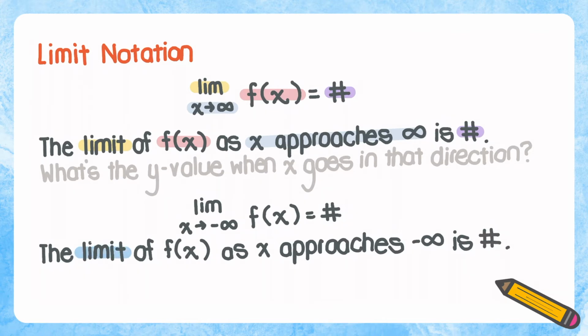So a simpler way to ask this is, what's the y value or the end behavior when x goes to the far left, negative infinity? And here I'm just color coding real quick. And right now, this new notation might still look confusing for you, but hopefully as we walk through examples, it'll start to make more sense.